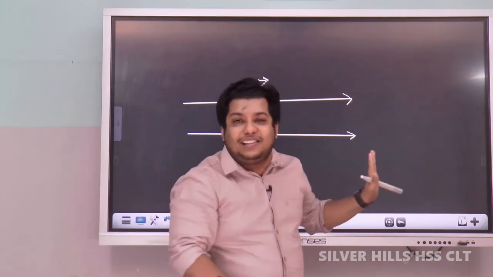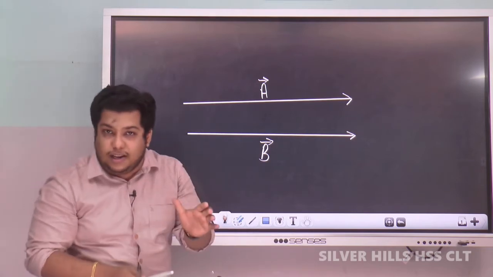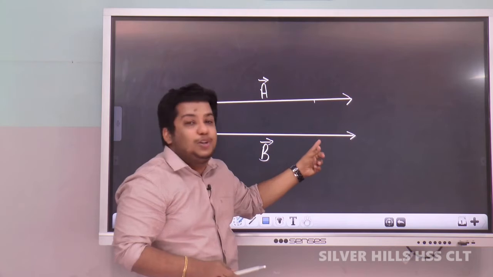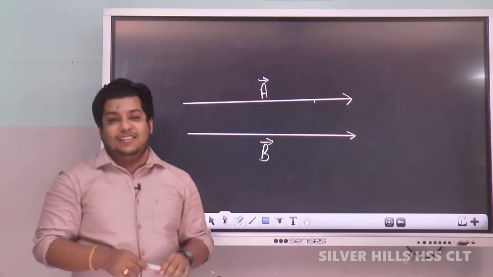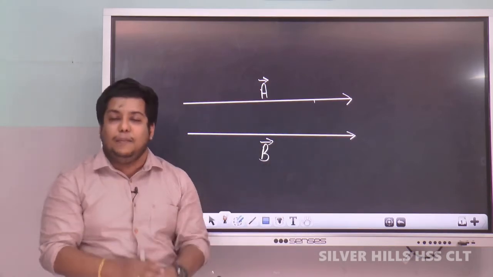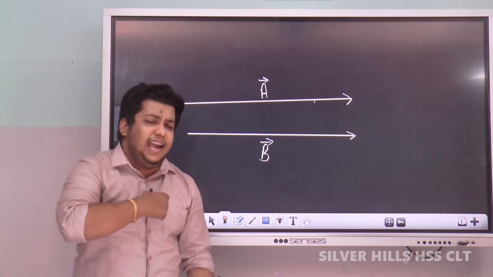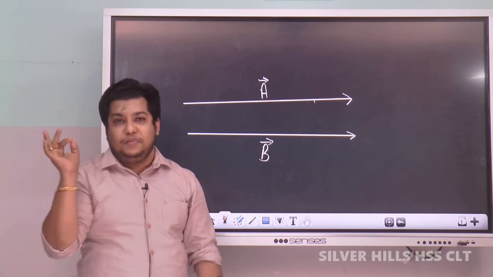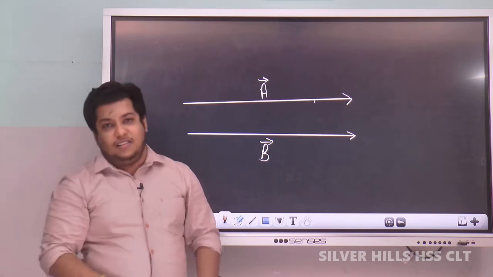This kind of vectors are technically called equal vectors. So what is meant by equal vectors? Those vectors having the same magnitude and same direction. The first type of vector, equal vectors, is over.